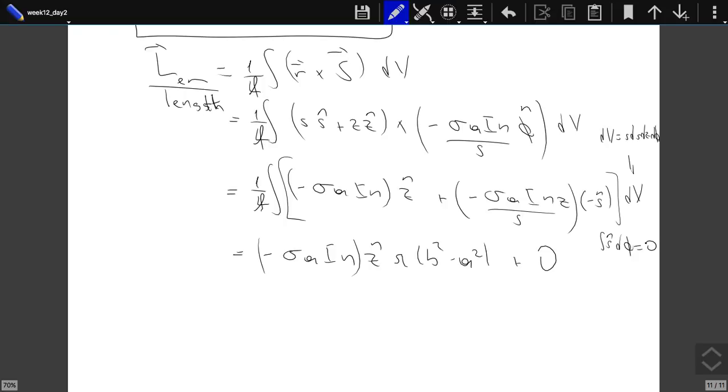If you write it in terms of its components, the components will be proportional to sine phi or cosine phi. You are integrating sine or cosine phi over a full period. So that's why that is 0. So the angular momentum per unit length is just minus sigma a I n pi b squared minus a squared in the z hat direction.